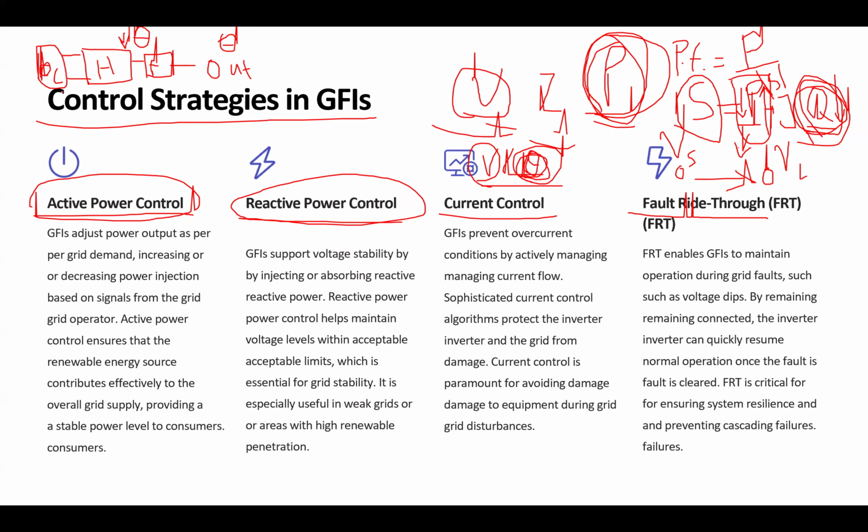If we draw a reference here, we consider a voltage with zero phase angle, and we have a voltage with theta 1 phase angle. Can you tell me what that means?